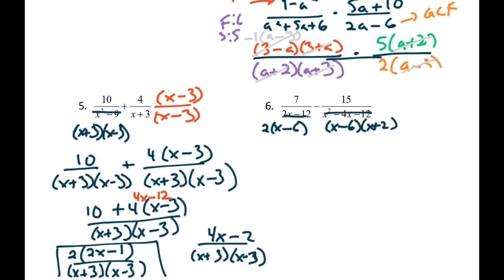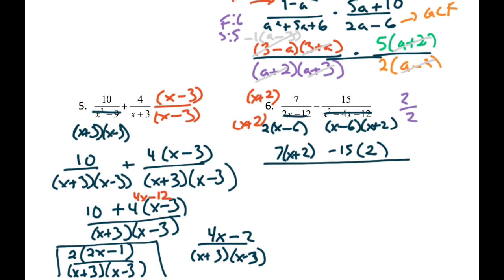And then I need to multiply so they have common denominators. So the left side needs the x plus 2. So we're going to multiply by x plus 2 over x plus 2. The right side needs the 2 that the left side has. So we're going to multiply by 2 over 2. So we'll have 7 times x plus 2 minus 15 times 2.